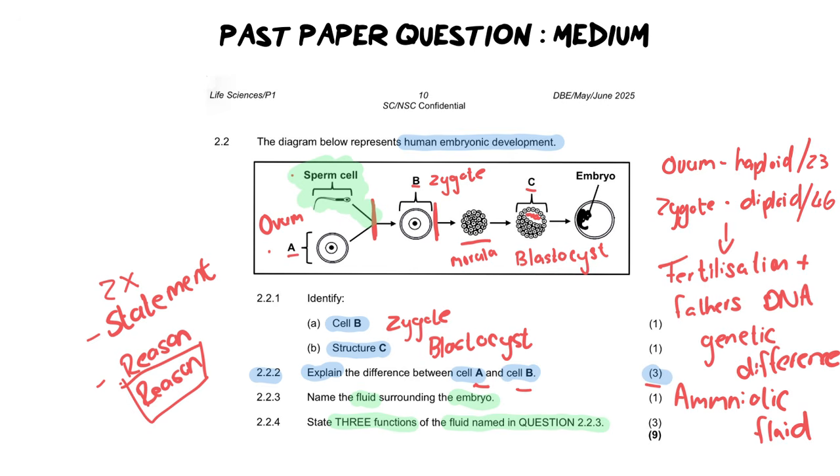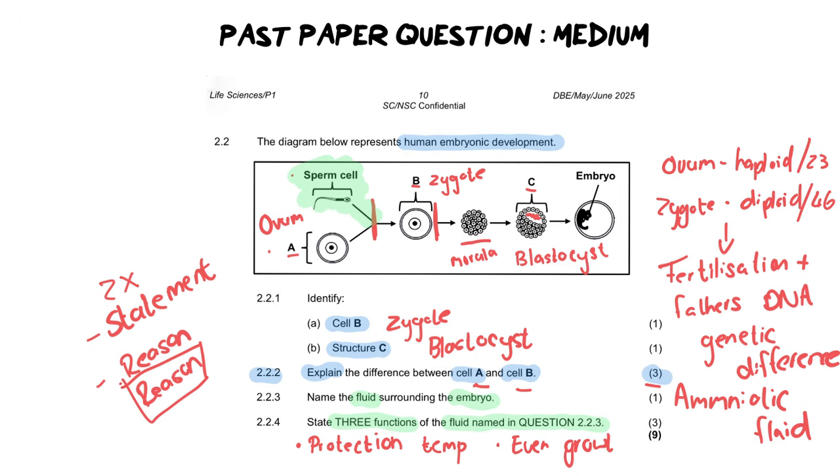Again, these are things that you should just be calling off. You shouldn't think for too long. And so some of the functions of the amniotic fluid is that it is for protection. But now you can't just write the word protection, right? We need to give a bit more. So protection against temperature fluctuations. You could also give that when it comes to protection, it's also about even growth.